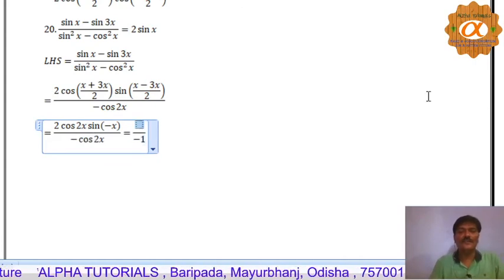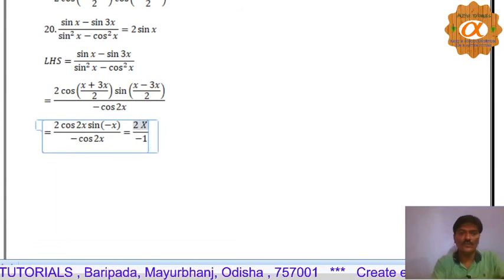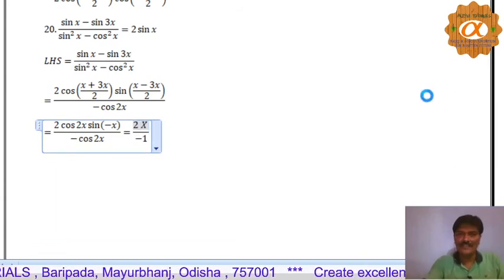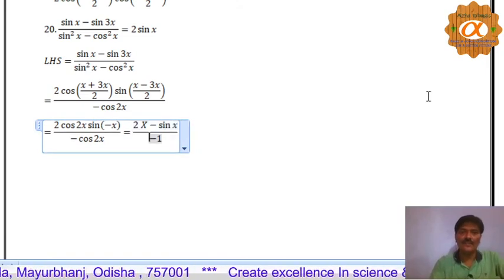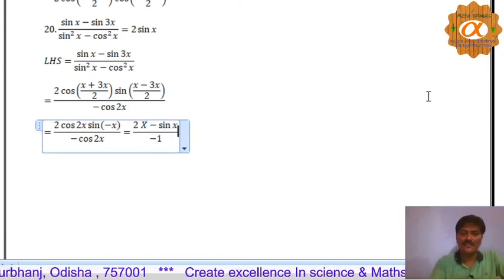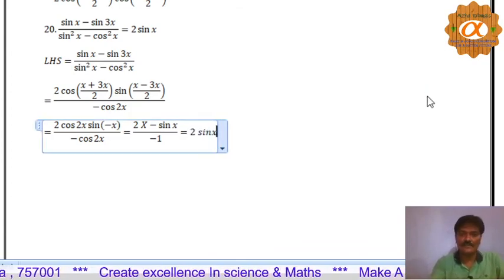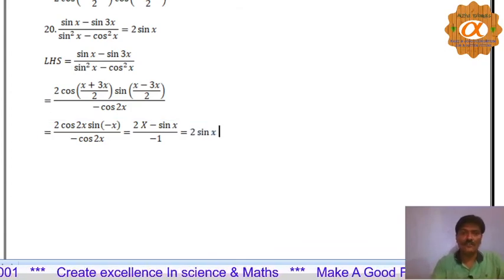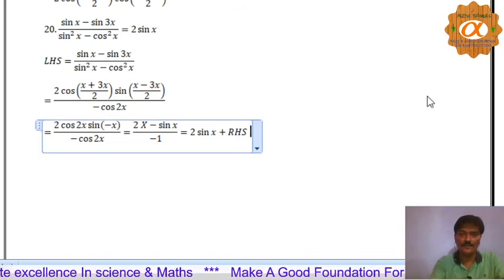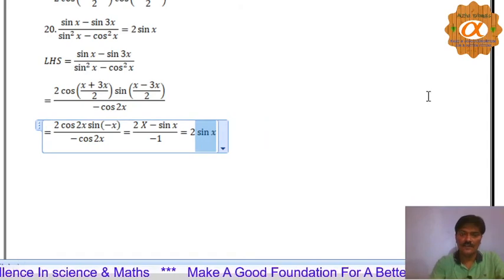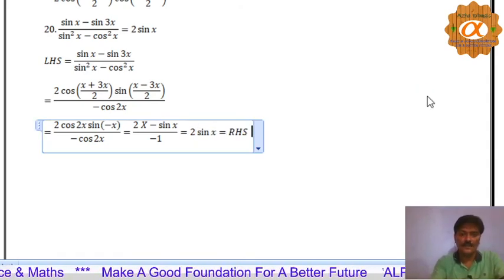In the numerator, it becomes 2 into sin minus x, which is equal to minus sin x. Now the minus of the numerator is cancelled by the minus of the denominator, and it remains 2 sin x, which is our RHS. We have proved it.